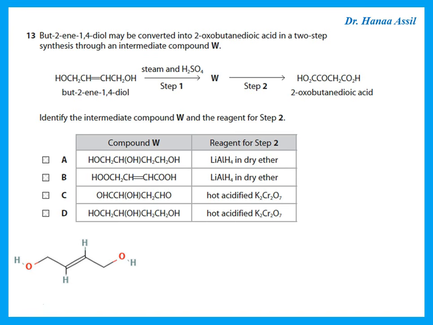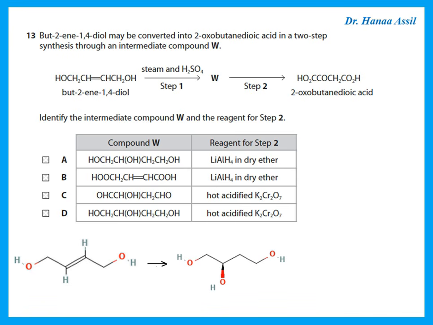Now he's adding steam and sulfuric acid. So what does that do? You should realize that that should add water to the double bond. So we're adding H and OH to the double bond. So that is the structure of W. So my W is the structure in which instead of the double bond, I have an OH and an H added to these two carbons.